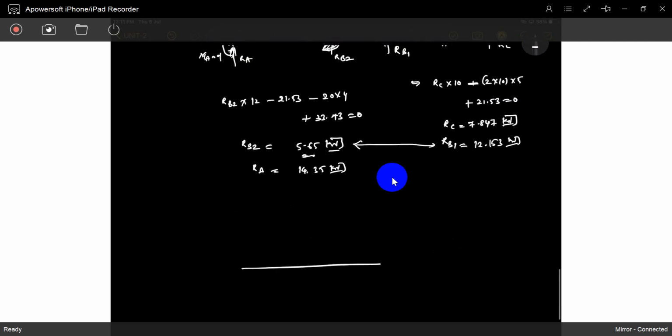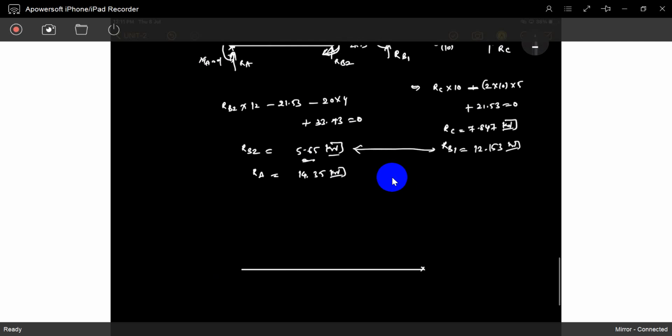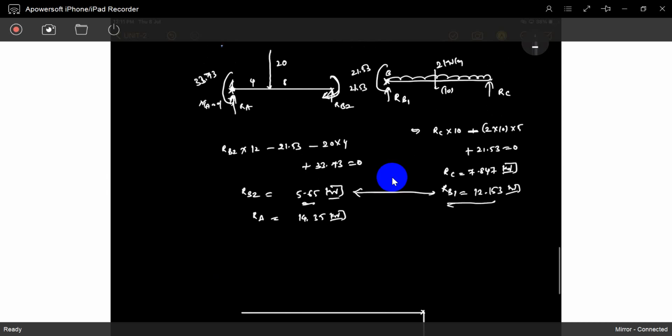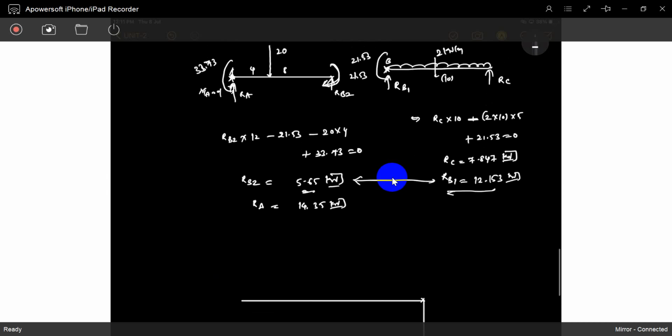It is very easy to draw the shear force diagram. RC is 7.847. RB1 is 12.153, but it has a uniformly distributed load.